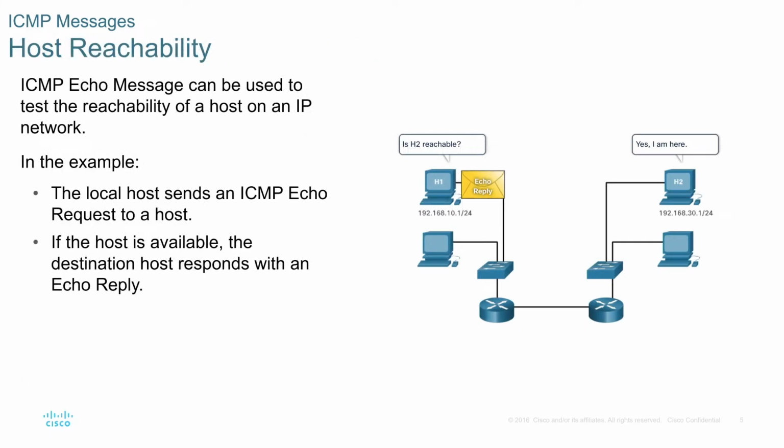The most common use would be host reachability. Using a ping command, we could ping a destination IP address. The host trying to reach a destination would send out an echo request message, and this goes to the destination IP address.